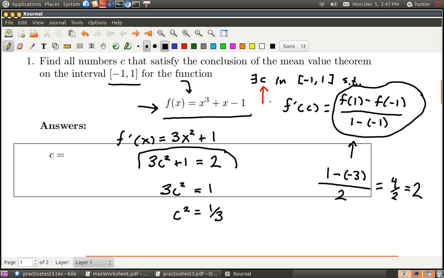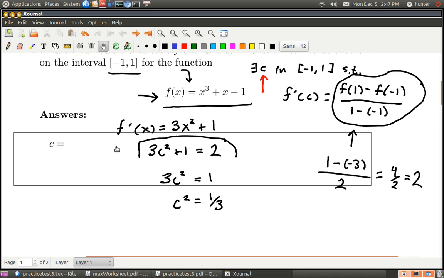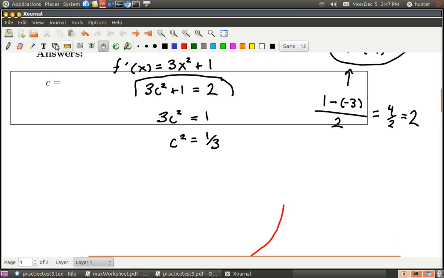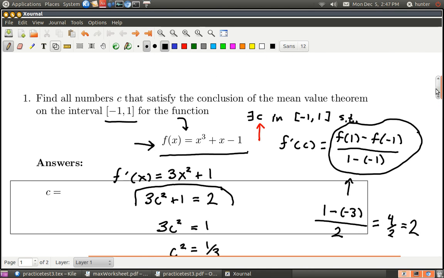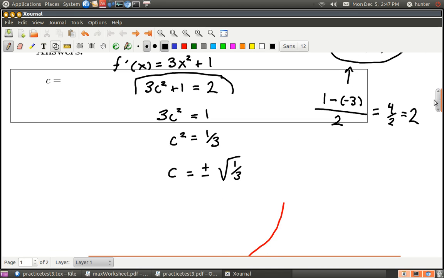And the very last thing is to take the square root of both sides, and you get c is equal to plus or minus the square root of 1/3. Frequently when we solve an equation like that, we can throw some solutions away if they're not inside the interval. So what was the interval? The interval was -1 to 1.